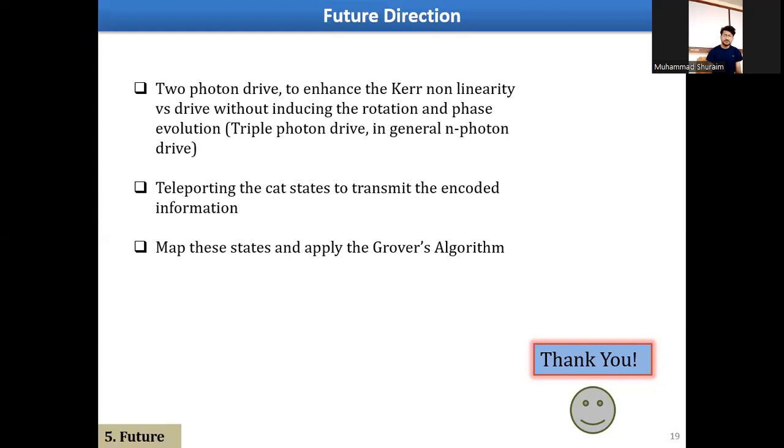The other question is how we apply two-qubit gate operations. For the application of two-qubit gates, we take into account two KNR, meaning two cavities, with two transmons, and we couple them through the single-photon drive, and then we apply a two-qubit gate.